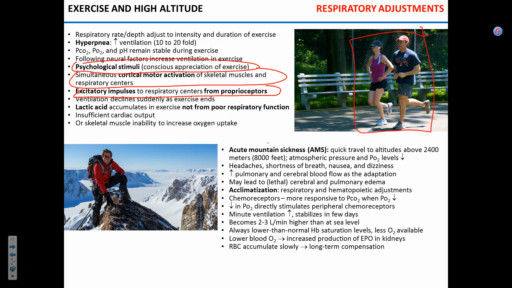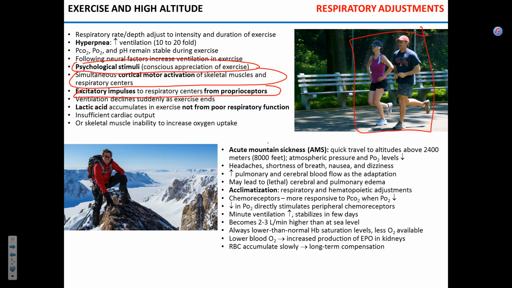If I go down the hallway and start sprinting, my respiratory rate and depth will increase in a second. Chemical mechanisms and factors induce a response that is much slower. Does that make sense?